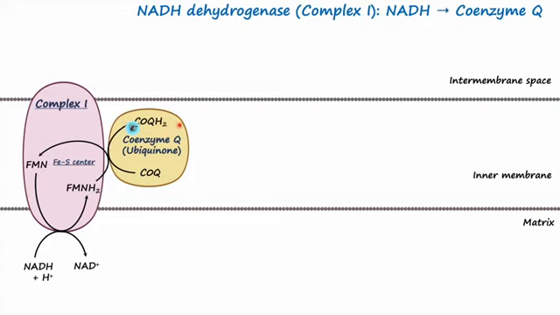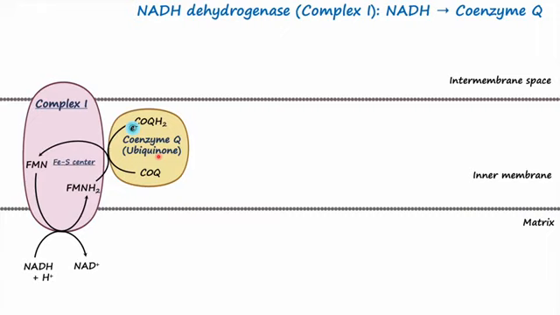Now I also want to mention some important things about coenzyme Q. First, coenzyme Q is also known as ubiquinone, and keep in mind that it is a mobile electron carrier. Basically it moves to complex 1, picks up the electrons, and then transfers them to the next member of the electron transport chain.